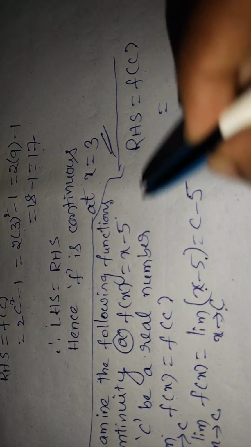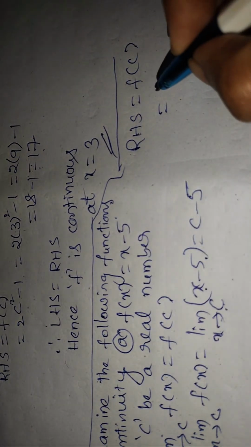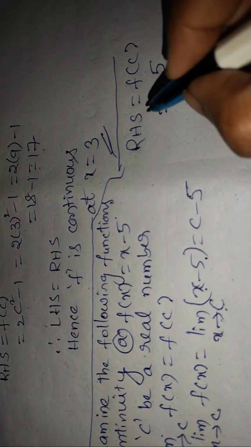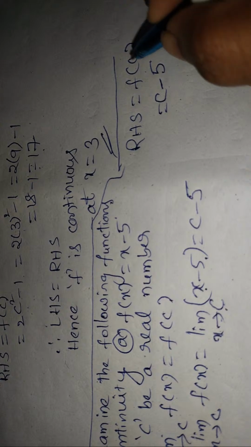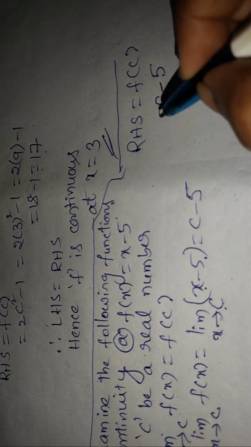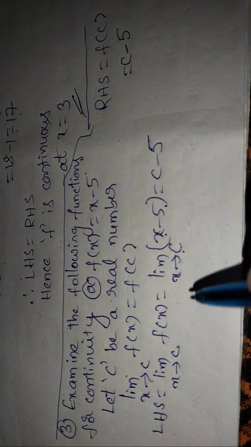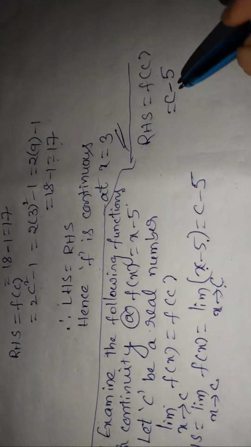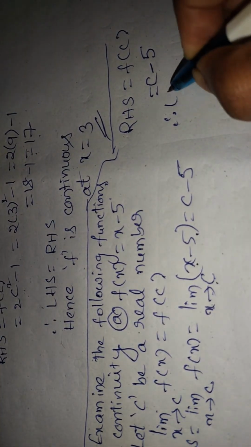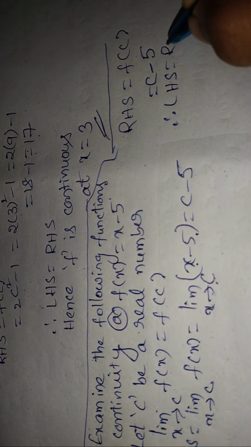I replace x by c. So c minus 5, or simply put x is equal to c in the function. So then c minus 5. What is LHS we got before? LHS is c minus 5 and RHS is c minus 5. Both are equal. Therefore, LHS is equal to RHS.